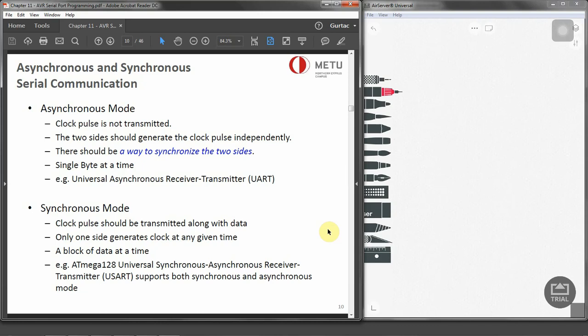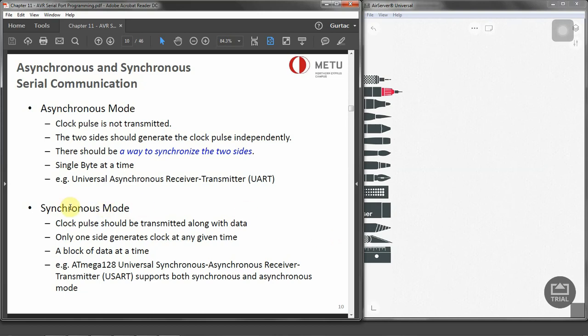So with the asynchronous serial communication, we actually need some kind of protocol or set of rules to acknowledge each other that the received or transmitted data is actually what was sent. Okay, so we have to be careful over there, and we have to understand how the data is packed in asynchronous communication. So how many bits constitute a character, where the data begins and where the data ends. So we have to know this.